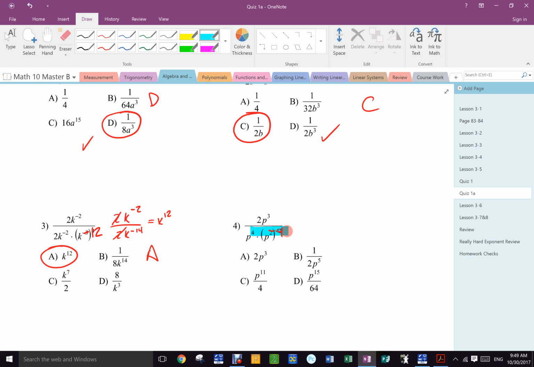It becomes p to the 0, which is what? What is anything to the 0 power? 1. So this becomes 2p cubed over 1. Do I ever write divided by 1? So what's the answer? 2p cubed, A.